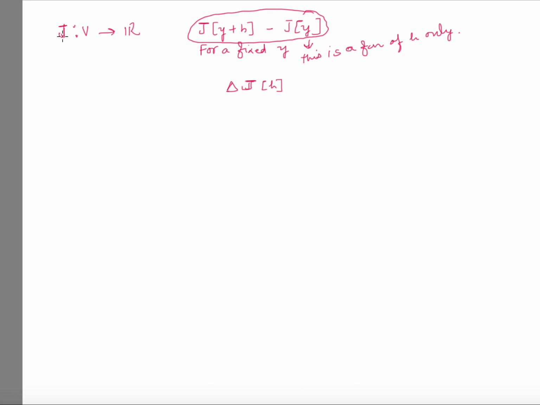So suppose this j is a functional from V to R, this del j will be some functional from V1 to R. What is V1? V1 is the space of all possible increments. These are functions again.